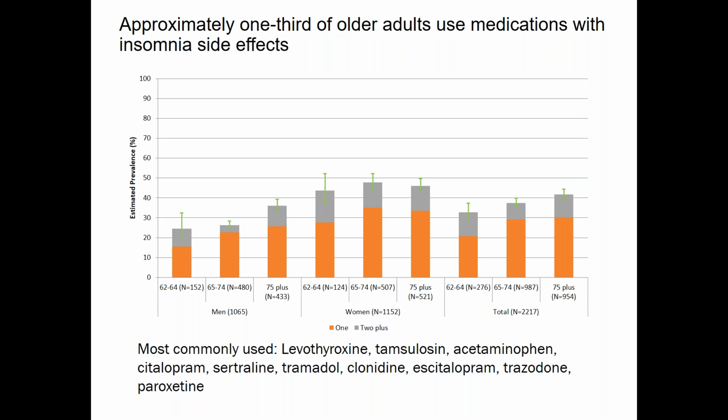The orange bars are using one medication and the gray is 2 or more. So we see even the multiple use of medications with insomnia side effects is at least 10 to 15% of the older adult population in wave 1. And there are some commonly used medications that we found to be the most prevalent overall.